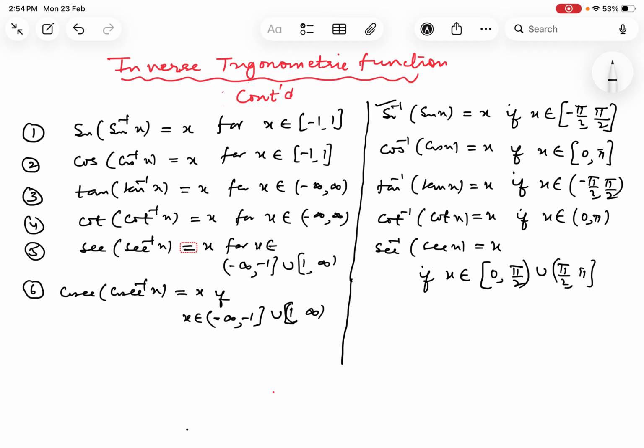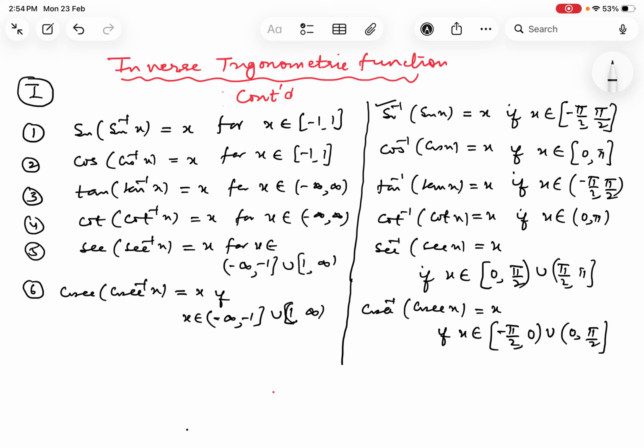Whereas cosecant inverse of cosecant x is equal to x if x belongs to minus pi by 2 to 0 union 0 to pi by 2. So observe the difference in this first result.